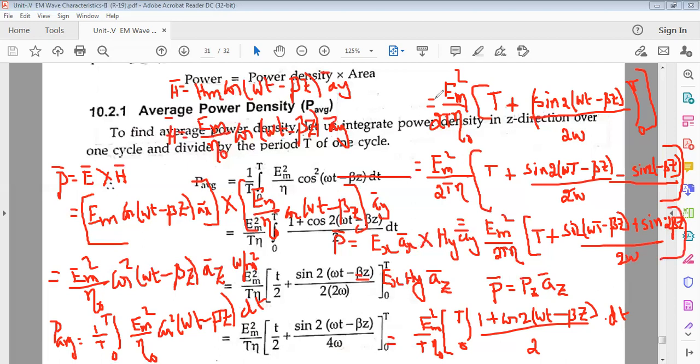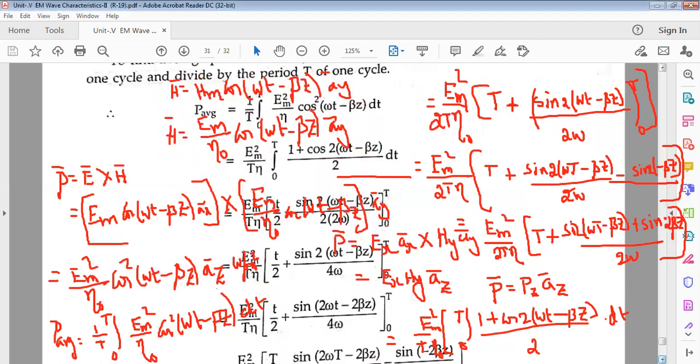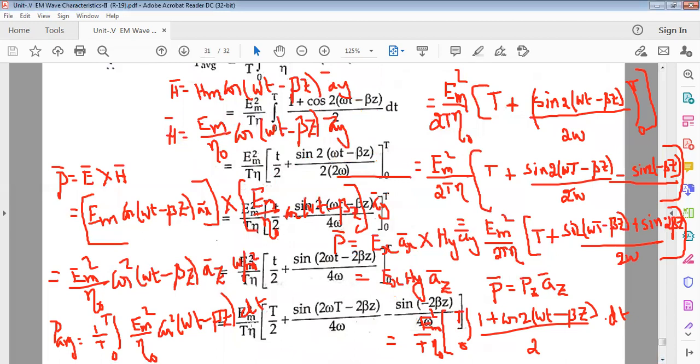Still we can simplify this. I take the 2 into all the functions, since this is 2 omega and this is also 2 omega. So Em square by 2 T eta, capital T plus sine of 2 omega T minus beta z, and sine of minus becomes plus.